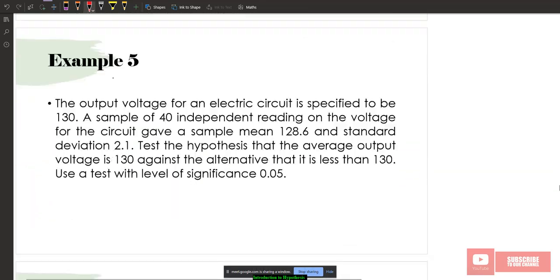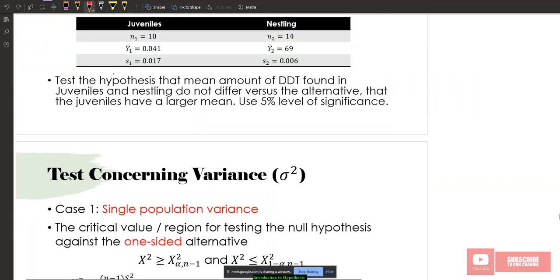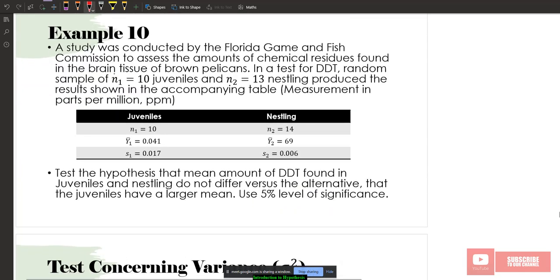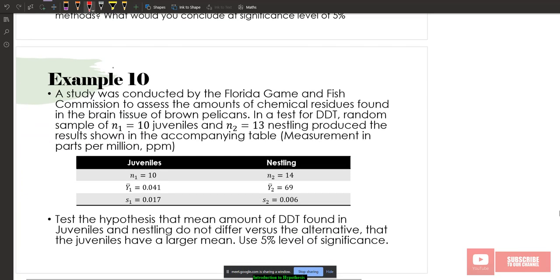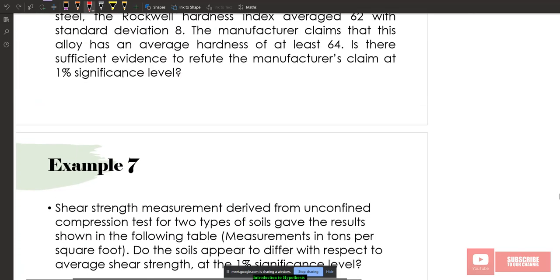So I have a lot of examples. Up to example number 10, we are covering the T distribution and Z distribution for single mean and difference of two means. I'm not going to do all the examples for you. I'm going to leave it for you as homework. You should do it by yourself and try to figure out how to answer the questions.